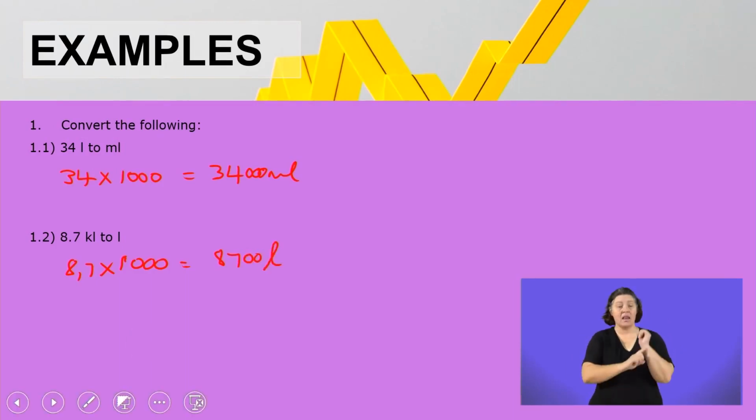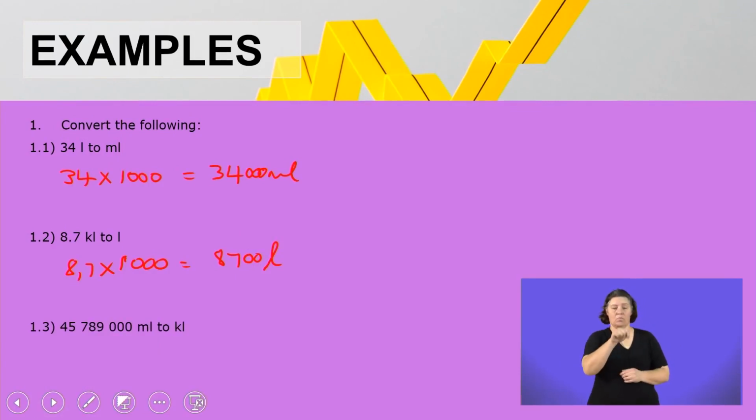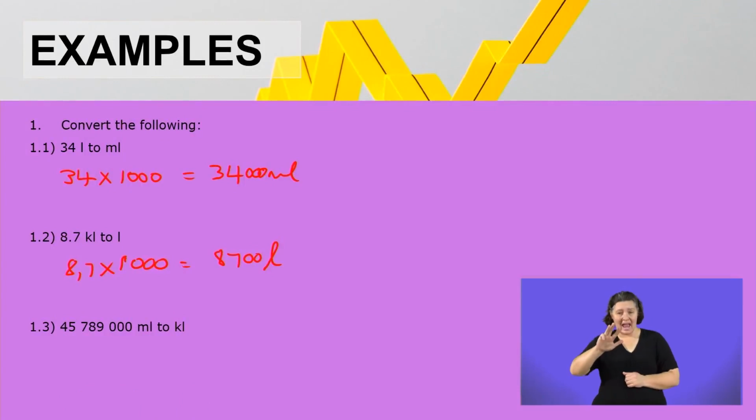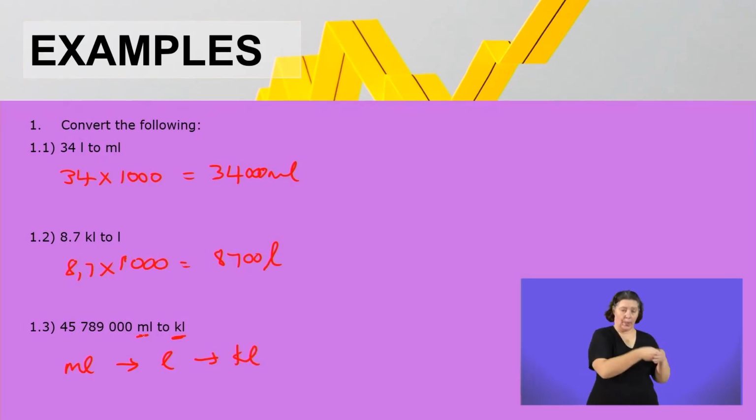Then lastly, we have 45,789,000 milliliters, and that must be converted into kiloliters. So I must first convert from milliliters into liters, and thereafter from liters to kiloliters. I'm converting from small to big, and the conversion factor here is 1,000.